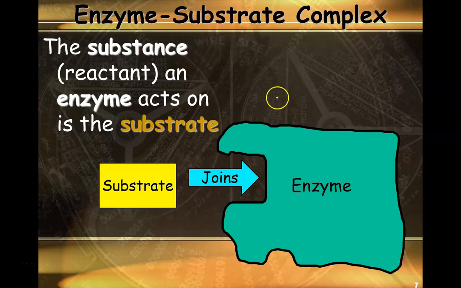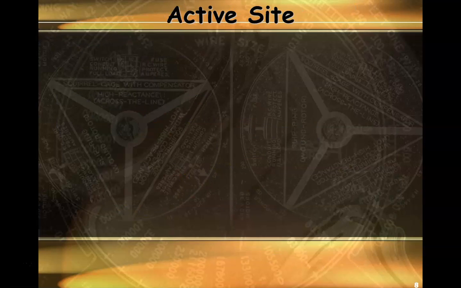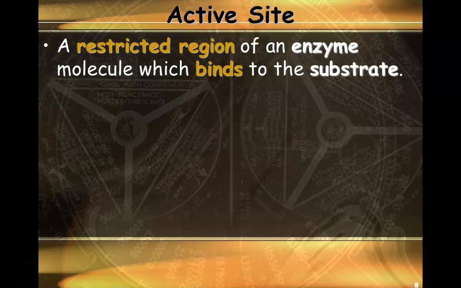By doing this, when we have this shaped area and we have some substrate that's going to come in and bind, we have what's called an active site. The active site simply means this restricted region on an enzyme, which is going to allow binding to occur to the substrate.